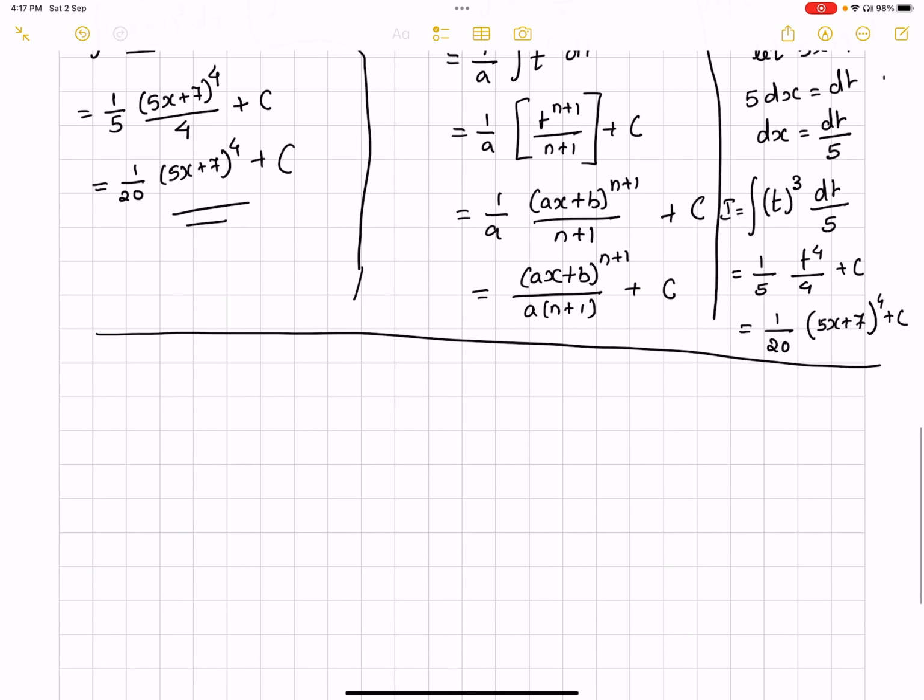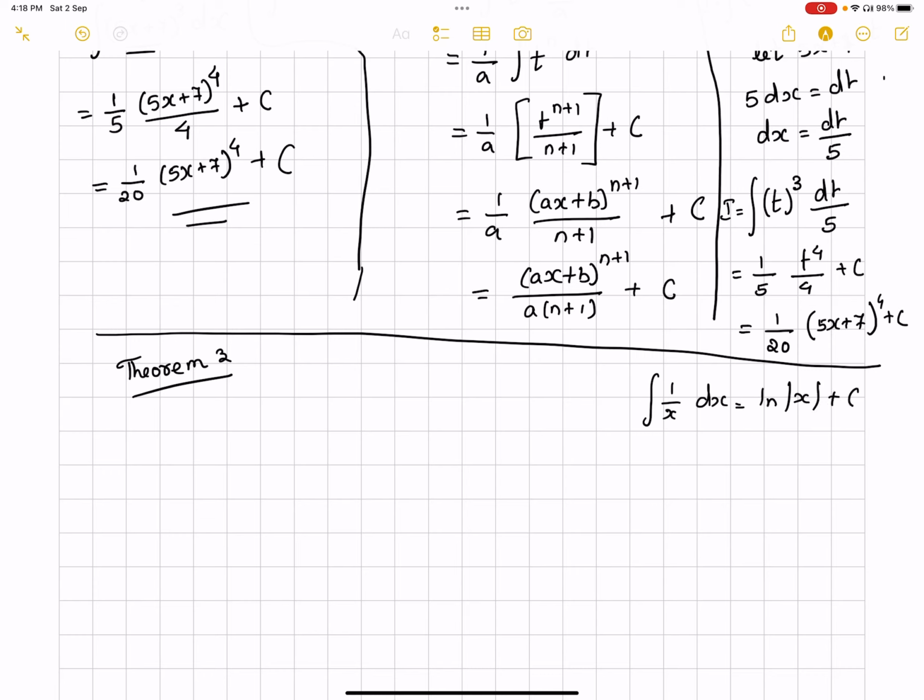Okay. Next one, let me go for another proof using log. Theorem three. Let's see here. You would have learned this one earlier. We have learned the integral of 1 by x dx is equal to ln of mod x plus c. I have posted a separate video on this, so you can check that video as well for more explanation on why mod x.